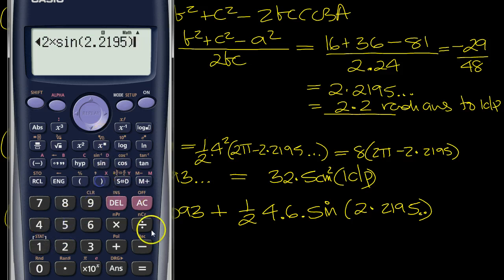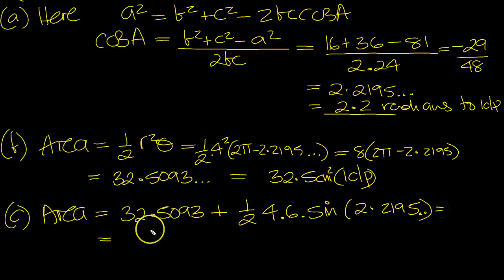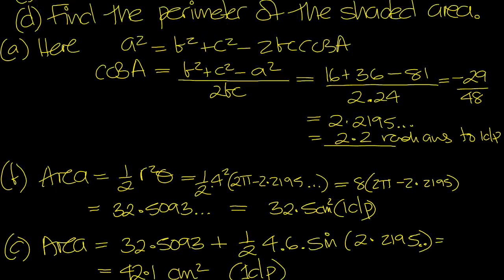Should be more than enough accuracy. 42.07, so it's 42.1 centimeters squared to 1 decimal place. So that's the area of the shaded region then.